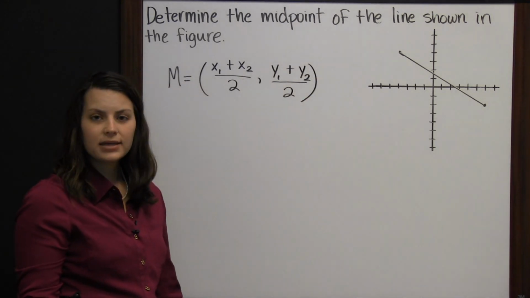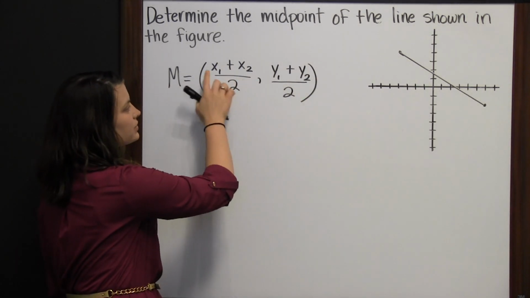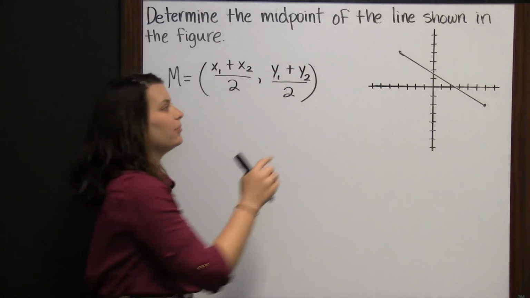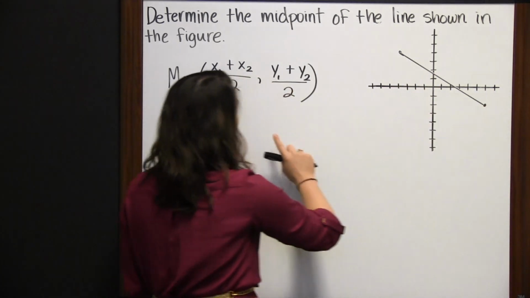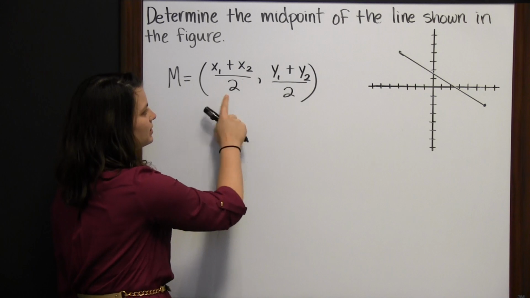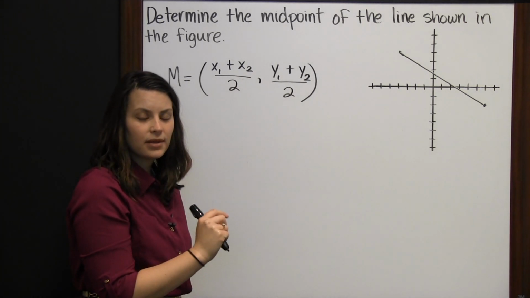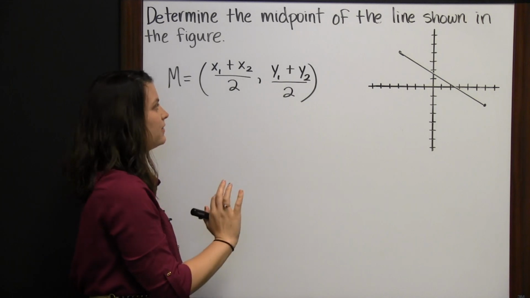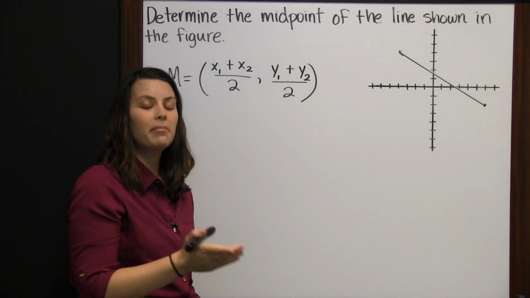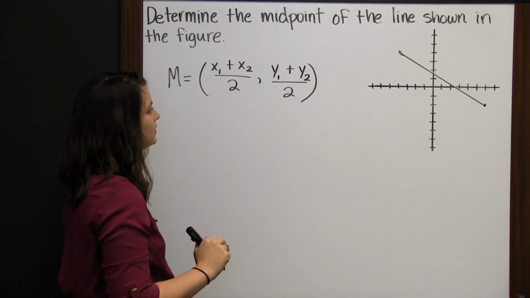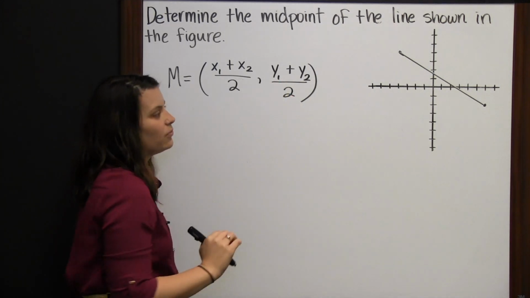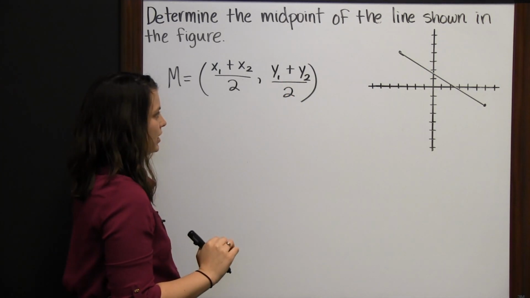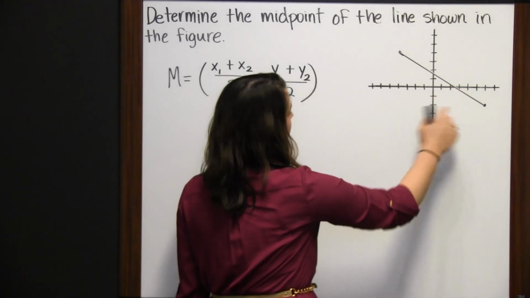So what you're doing is you're adding your two x coordinates together from the two endpoints and dividing that sum by 2, basically finding the average of the x values, which would be the middle of the x values, and then doing the same with your y coordinates of your two endpoints.